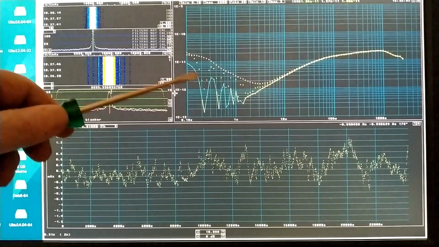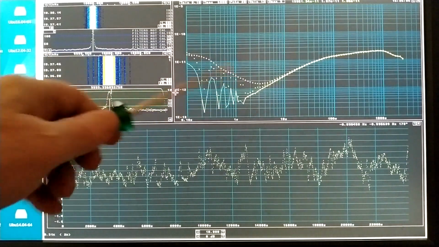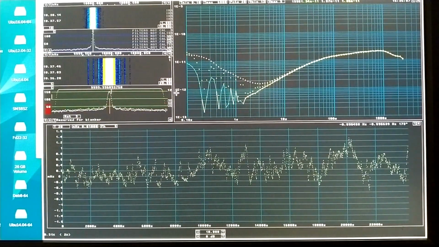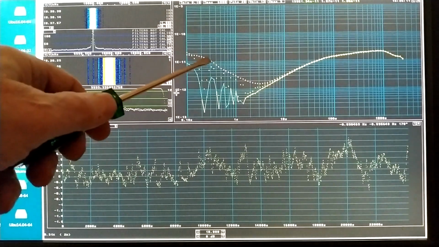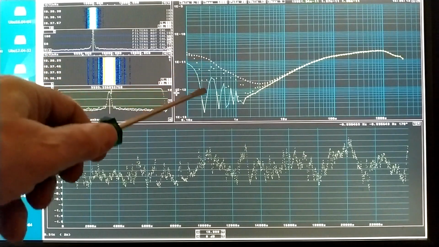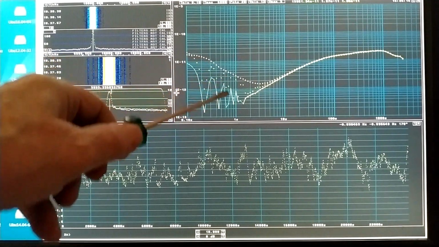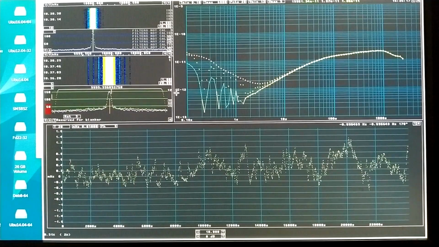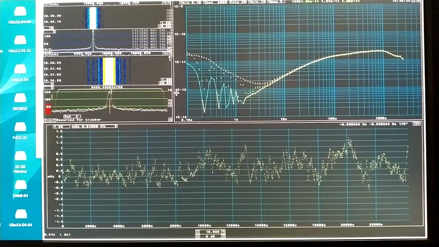I should mention that the structure you see here is because in one channel, channel 1, you have this structure here. That is a spur coming from the difference frequency between my former channel 1 oscillator and 10 megahertz, the rubidium frequency.